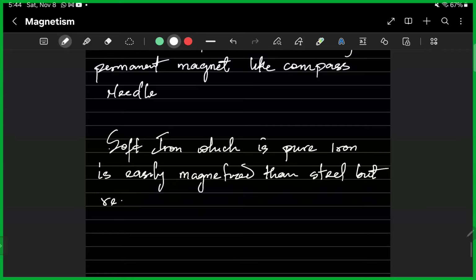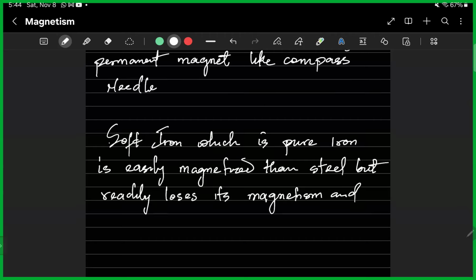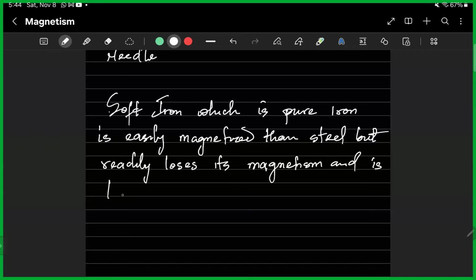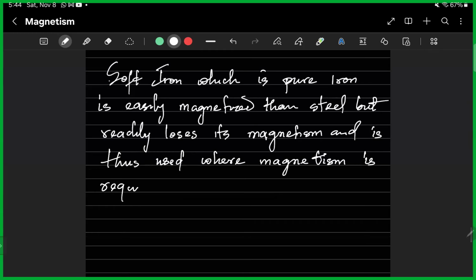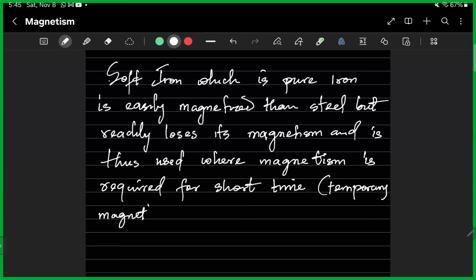It is thus used where magnetism is required for a short time, as a temporary magnet, in materials like electromagnets.